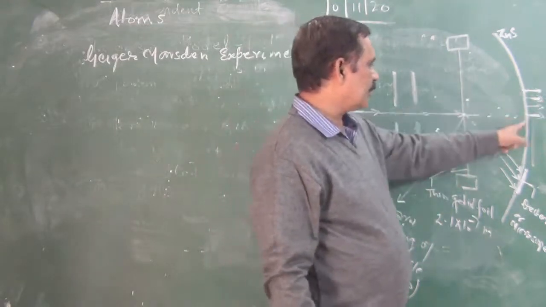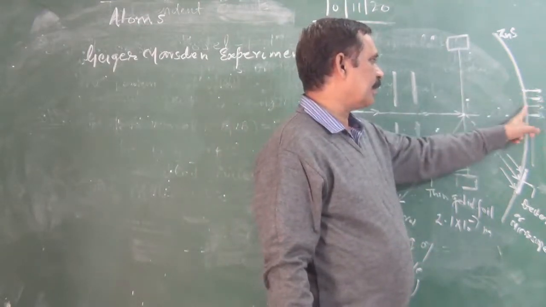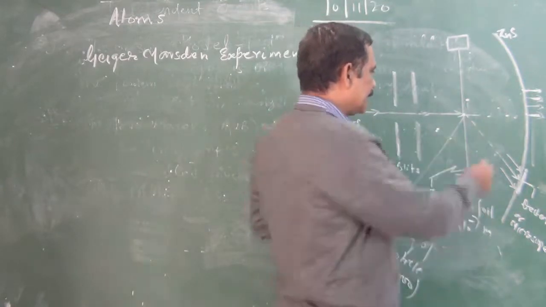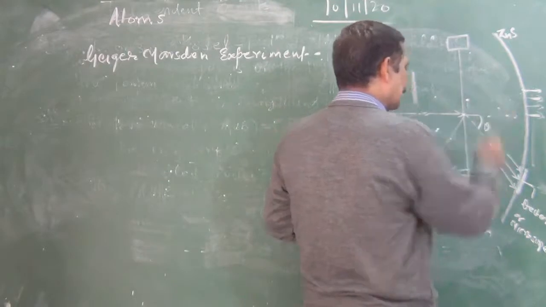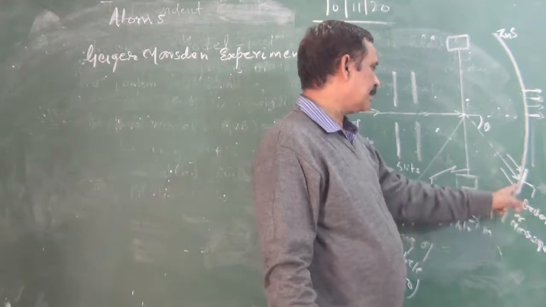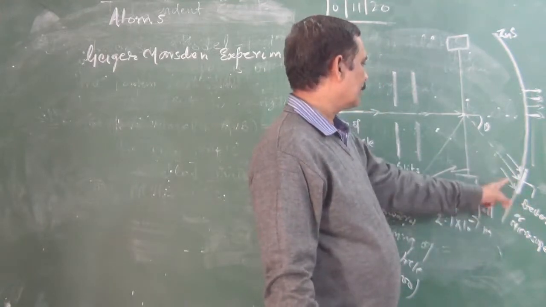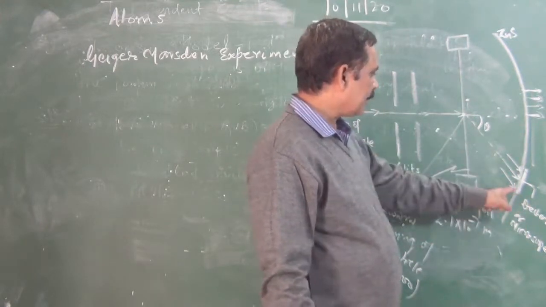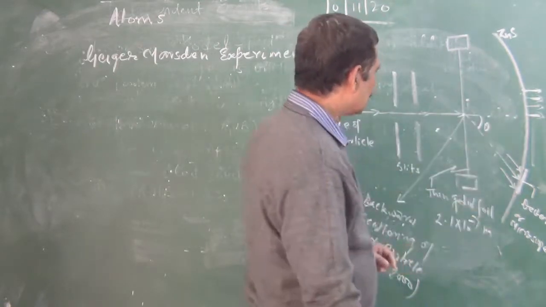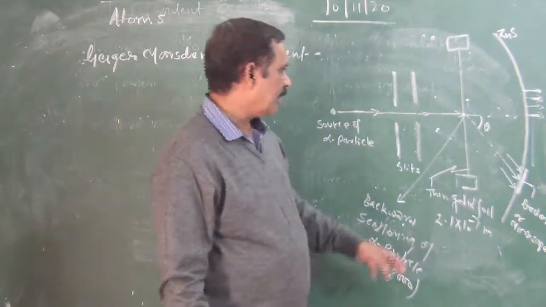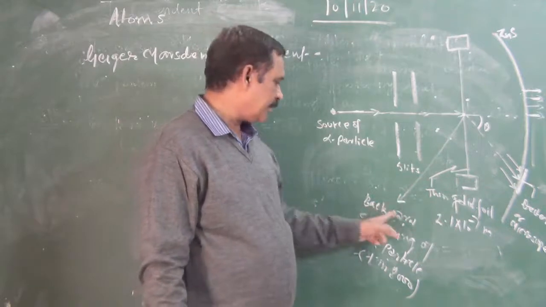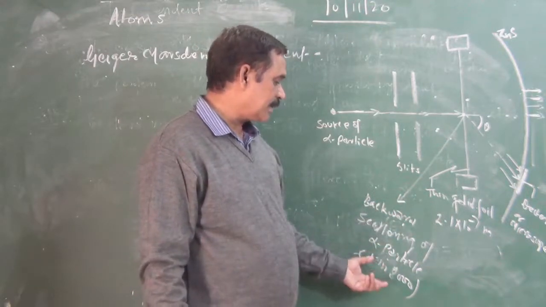This arrow shows most of the alpha particles pass straight through without any deviation, and some alpha particles are deflected at an angle theta on the screen. The detector measures the intensity of the alpha particles, which give flashes on this screen coated with zinc sulfide. This arrow shows 1 in about 8,000 alpha particles retrace their path.